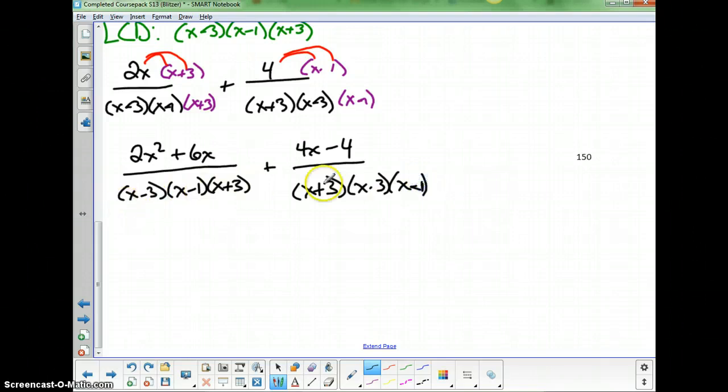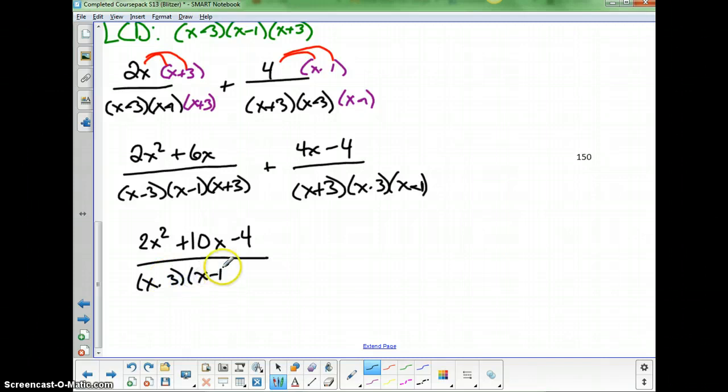Okay, so the denominators are the same. So now we're going to add it up. 2x squared plus 10x minus 4 over x minus 3, x minus 1, x plus 3.